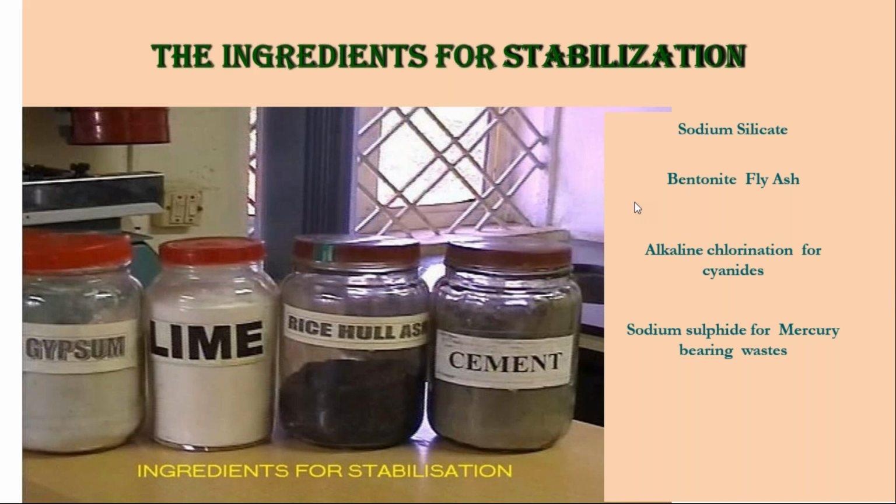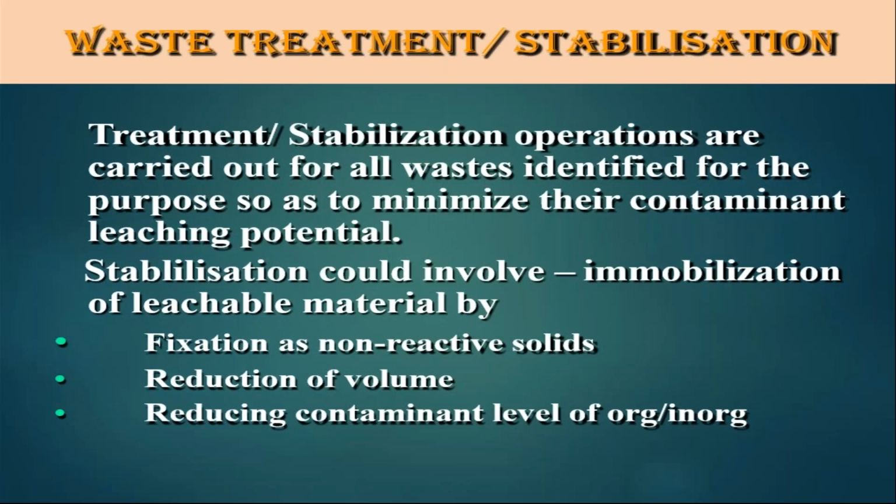Then the ingredients for the stabilization: that is sodium silicate, then bentonite, fly ash, alkaline chlorination for cyanides, sodium sulfide for mercury bearing waste, and these are the different ingredients for the stabilization. That may be gypsum, lime, rice hull ash, cements, etc. So the waste treatment or the stabilization is carried out for all the waste identified, for the purpose to minimize their contamination and leaching potential.